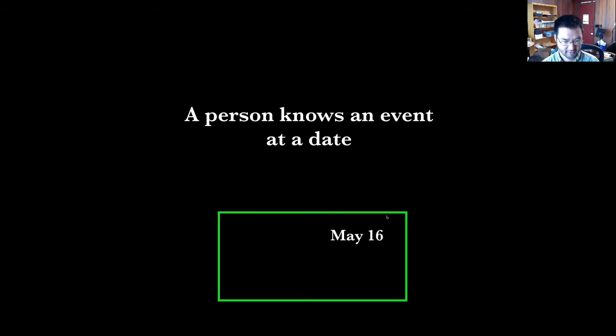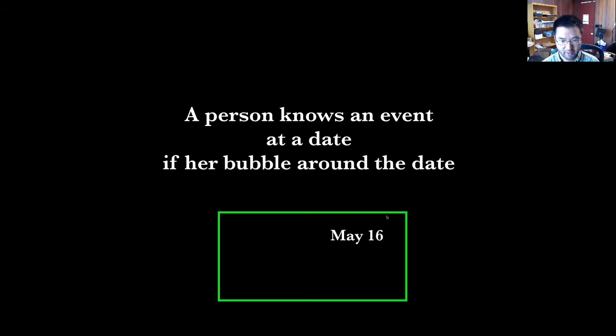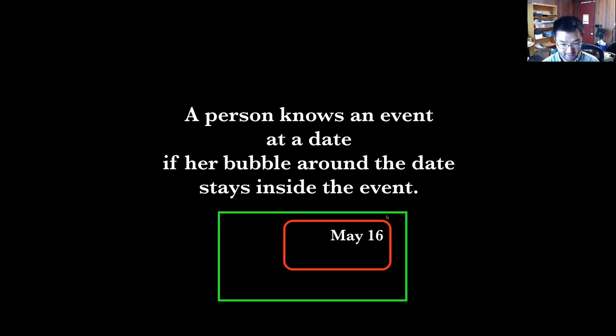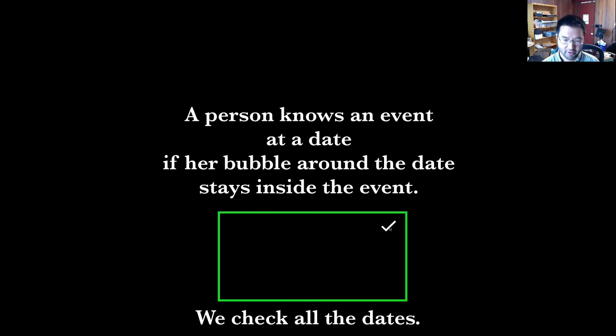To sum up, a person knows an event at a date if her bubble around the date stays inside the event. So we have a little check mark there. What we do is check all the dates, and say we find one where the bubble goes outside, then we put a little X there.